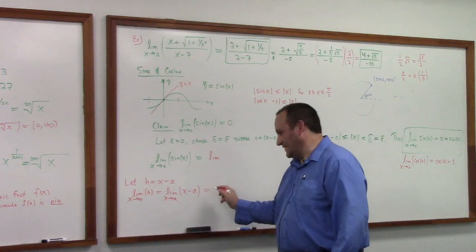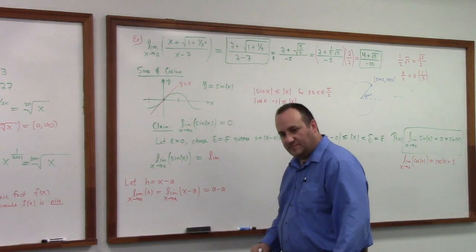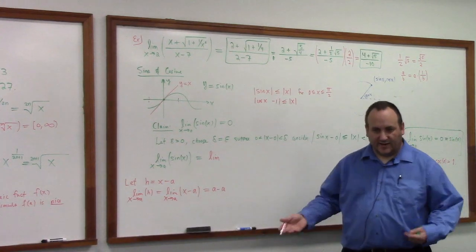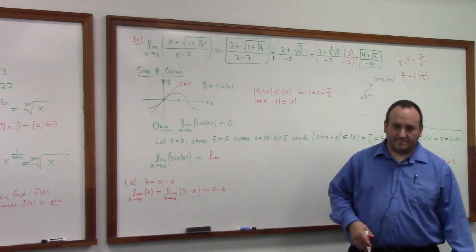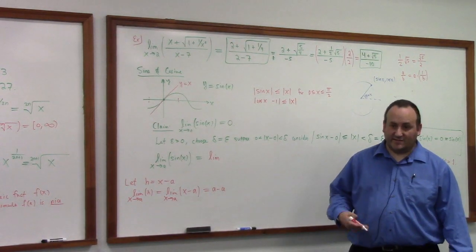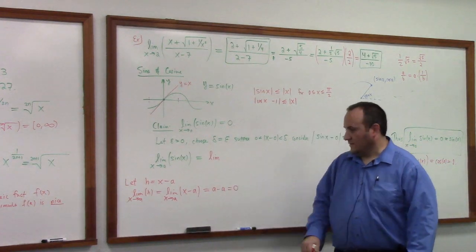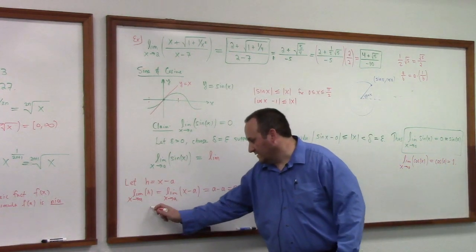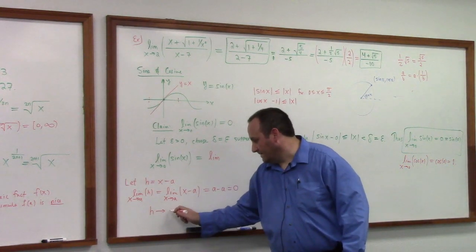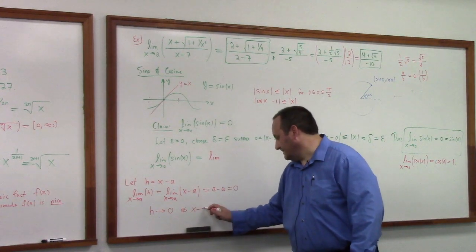According to our limit laws, that's a minus a, because we can break up a sum into a sum of limits. The limit of x as x approaches a is just a. So a minus a is 0. In other words, h goes to 0 as x goes to a.